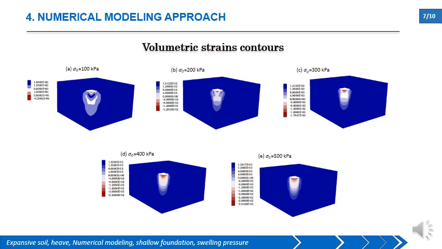This figure shows the distribution of volumetric strain increments in the soil mass with load variation applied on the square footing. In all loading cases, zones of compression are formed at the base of the footing. These compression zones increase along with depth as the load increases, while maximum compression values are shown in the contact zone between soil and footing.